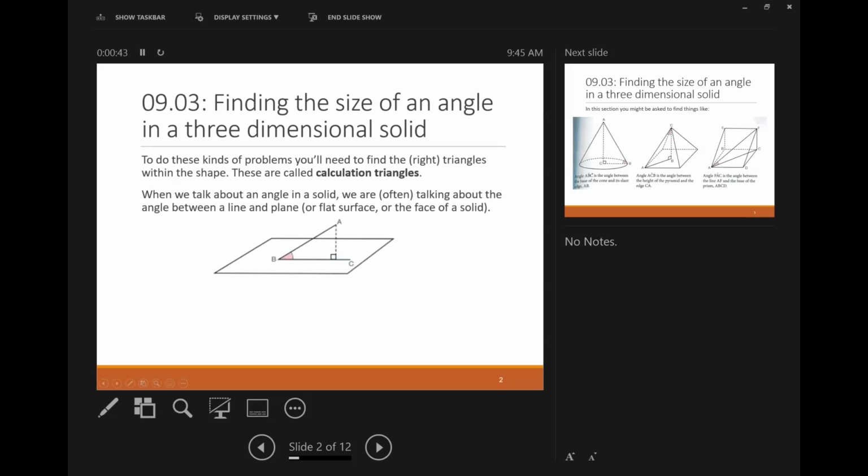So one thing worth noting here is that if I have a line BC that's in this plane, the angle formed here with the surface is going to be the same as the angle from AB to this line BC that's in the plane. It doesn't really matter where this line BC is going. As long as it's in the plane, it's fine. So just worth pointing out.